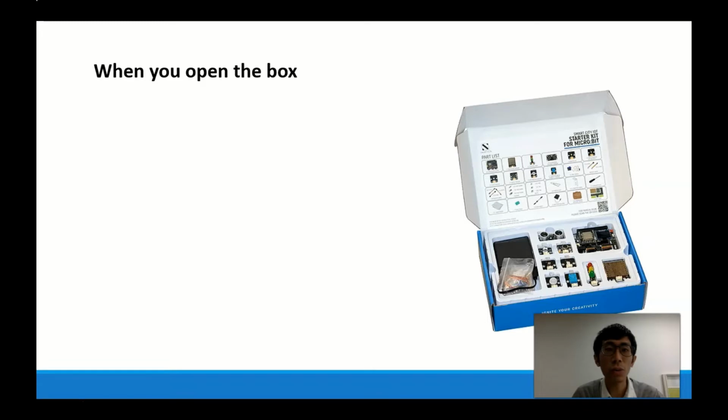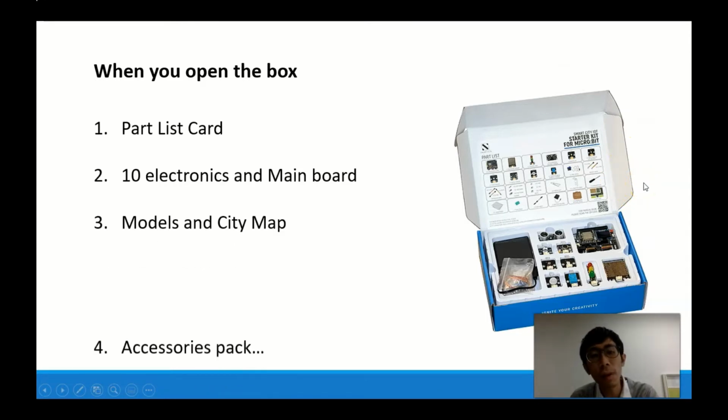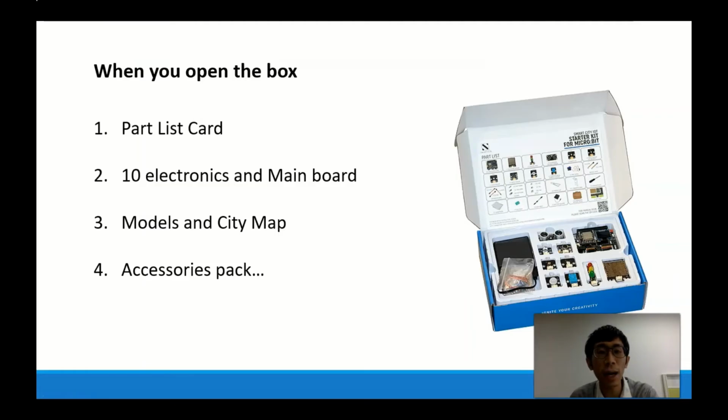When you open the box, you can notice there is a part list card, different electronics, some main boxes, a model and city map, and some different accessory parts. So let's start to open the box now.